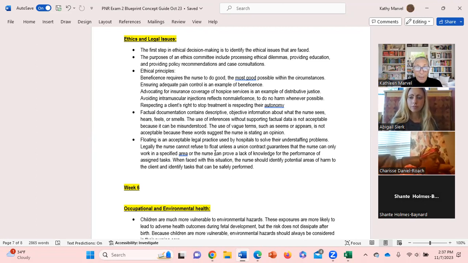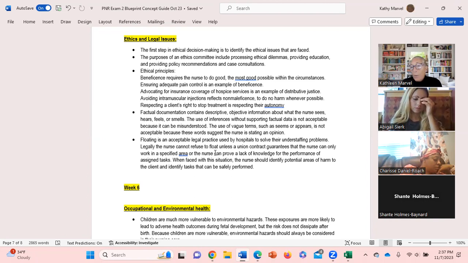The other thing to think about with ethics and legal issues is documentation. We all know what factual versus non-factual documentation is, right? Factual is description, objective information about what you see, what you hear, what you feel, what you smell.